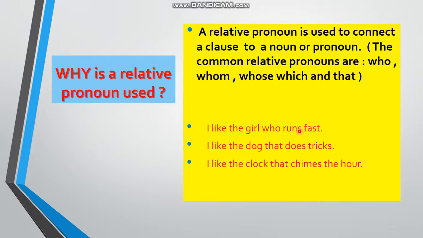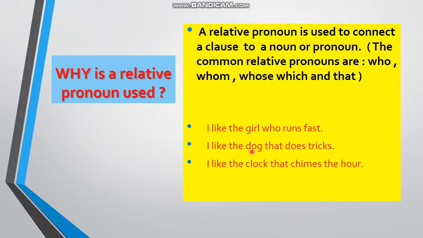This is a complex sentence, and there are two clauses. I like the girl. This is the main clause, independent clause. The dependent clause, who runs fast. This is a relative clause, adding information to the girl.